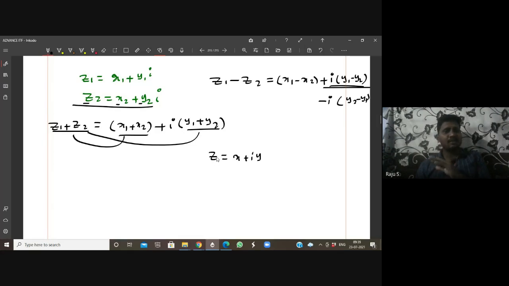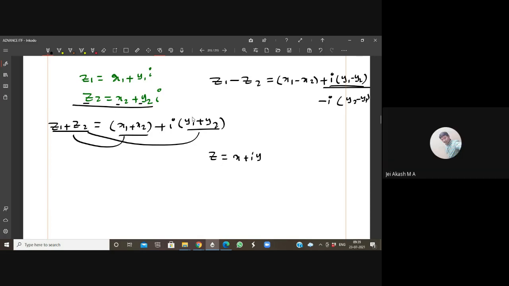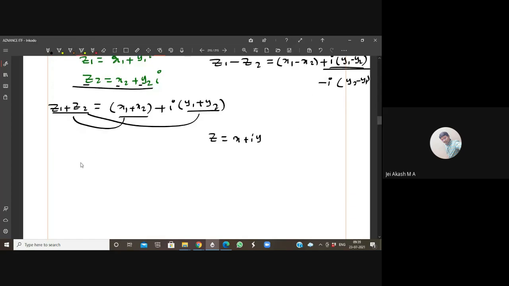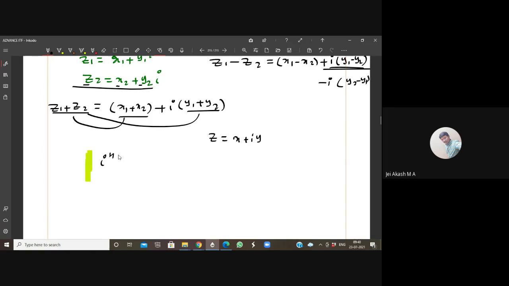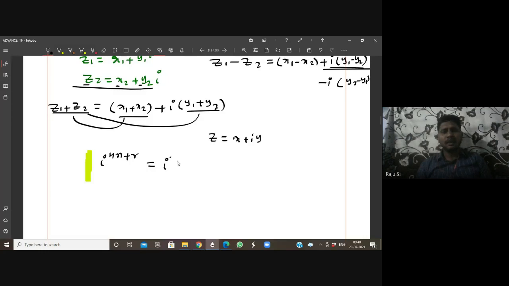We cannot use any other letter. The general form can be written as I power 4n plus r equals I power r. Because I power 4 has value 1 only, no? Yes, sir, obviously.